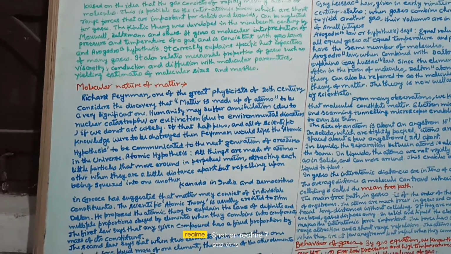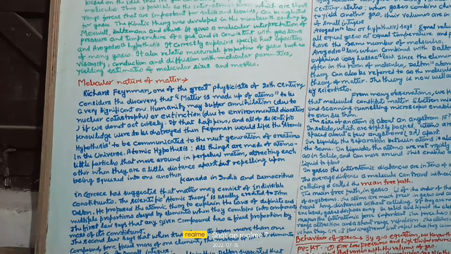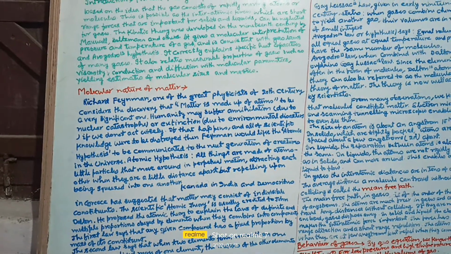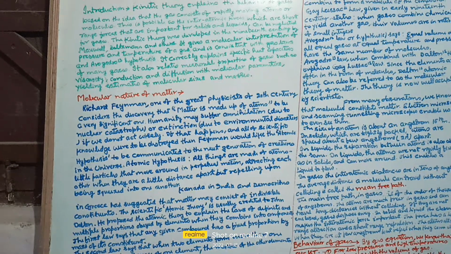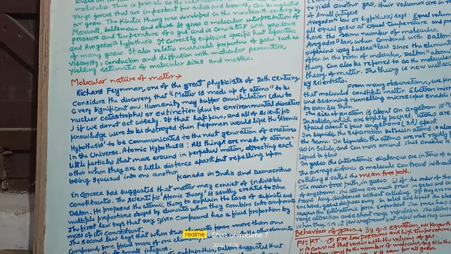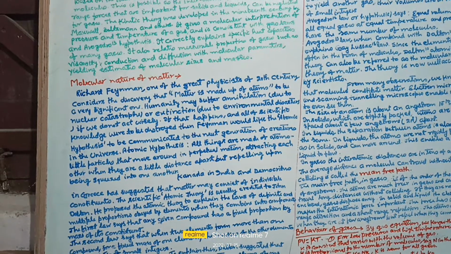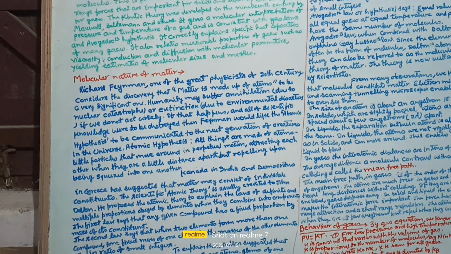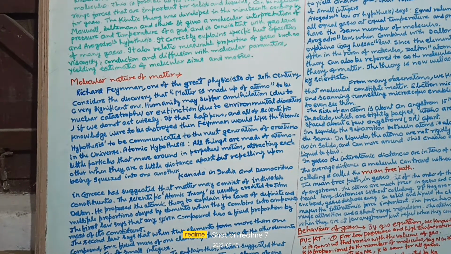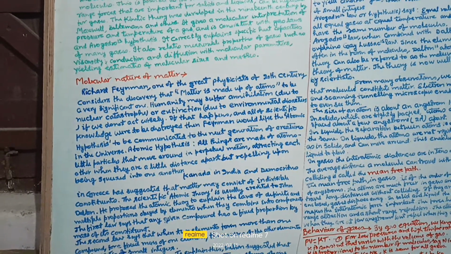The scientific atomic theory is usually credited to John Dalton. He proposed the atomic theory to explain the laws of definite and multiple proportions obeyed by elements when they combine into compounds. The first law says that any given compound has a fixed proportion by mass of its constituents.